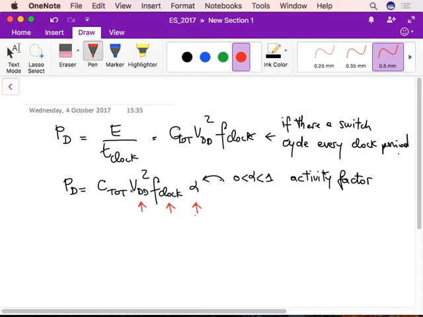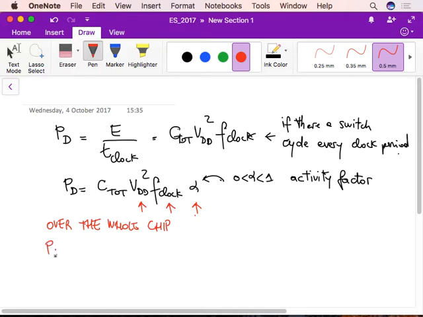Okay? Over the whole chip, it is easy to make the calculation because this is true for one logic gate. If you sum up over all the logic gates in the same chip, for example in the same microprocessor, you see that all the quantities are the same. You only have to sum all the capacitances of all the logic gates. So that is relatively easy to do.